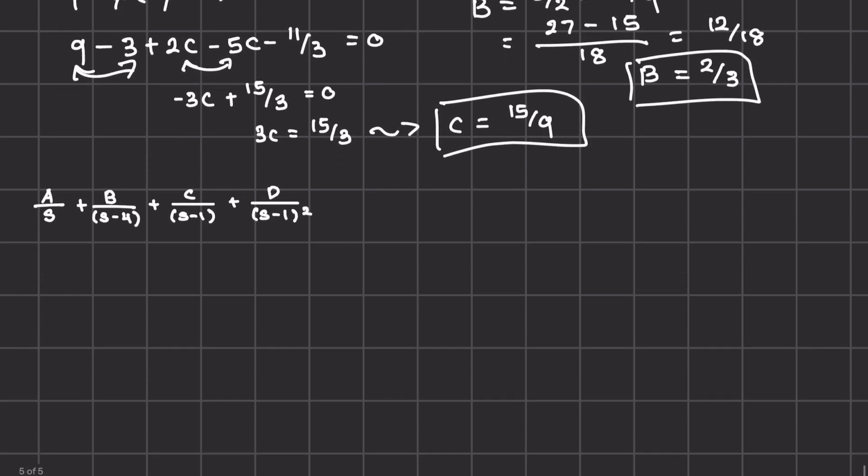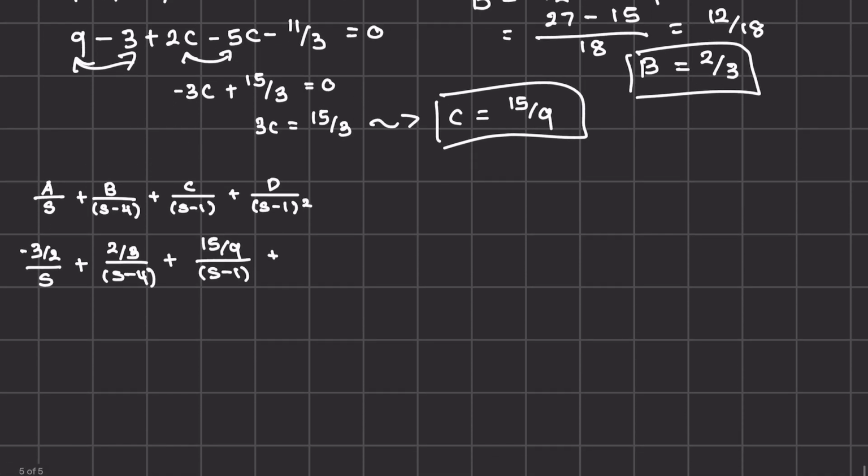Now we have A equals negative 3 over 2, so that's negative 3 over 2 over S, plus B here is 2 over 3, so 2 over 3 over S minus 4. C here is 15 over 9 over S minus 1. D here is negative 11 over 3 over S minus 1 squared.